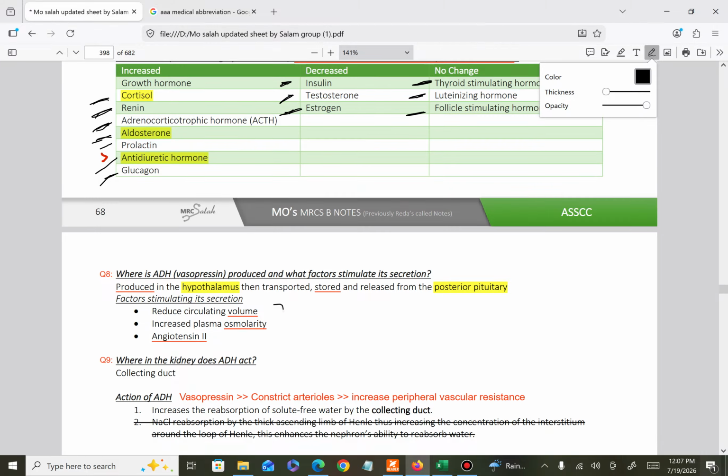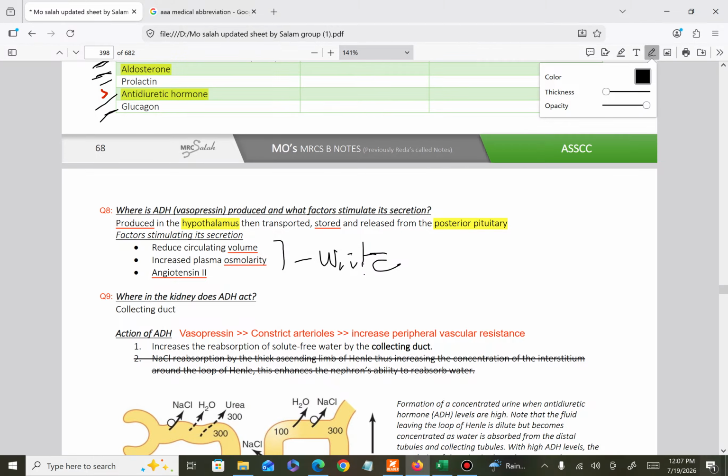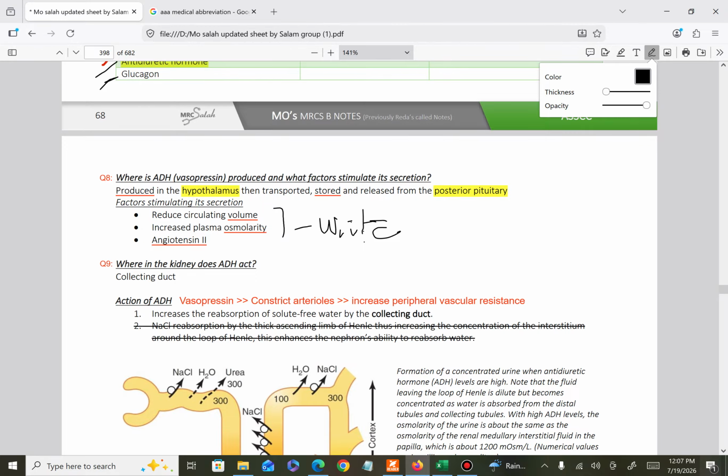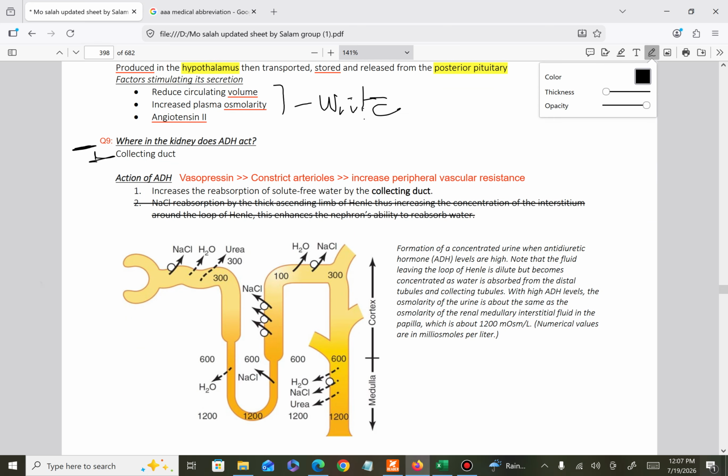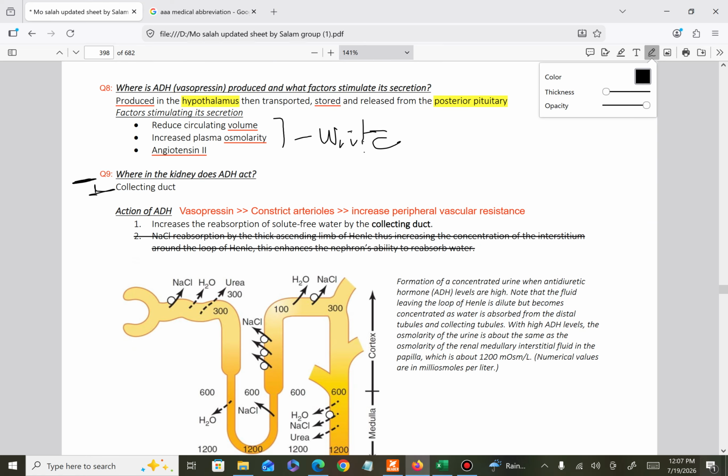Then, where in the kidney does ADH act? It acts on the collecting ducts.